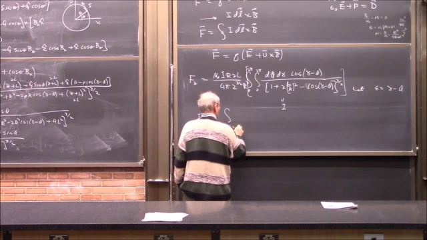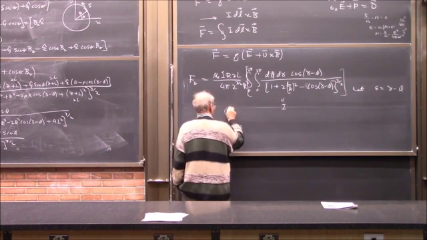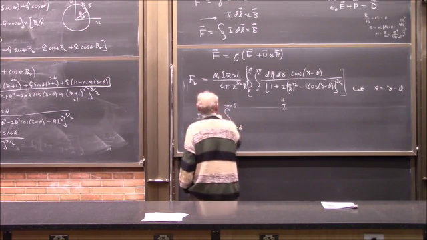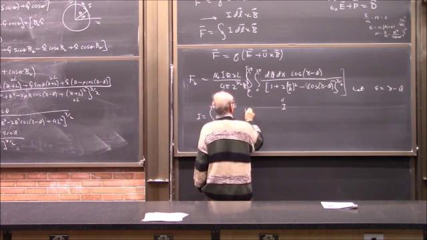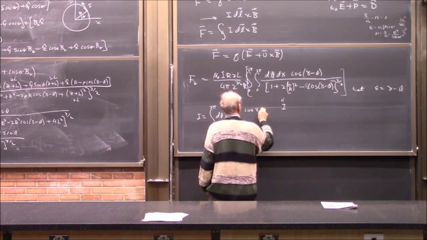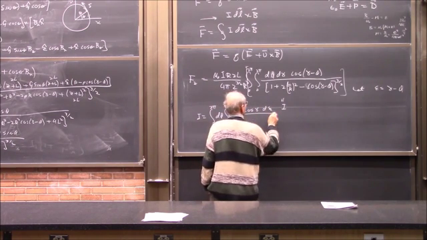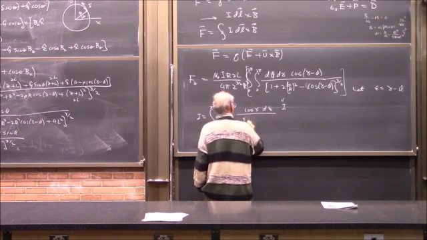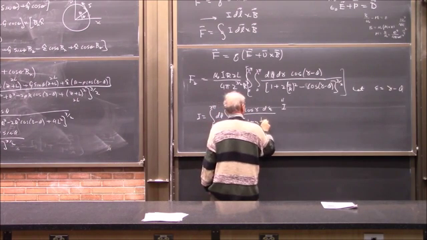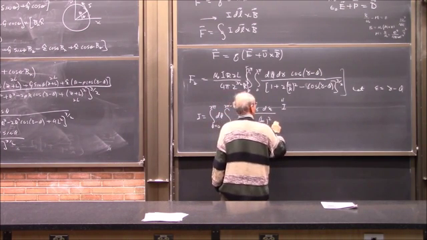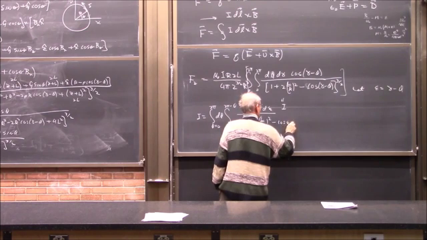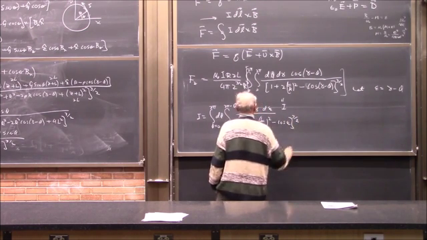Squiggle goes from minus phi to 2 pi minus phi. And here we have d phi. Cos squiggle, d squiggle over 1 plus 2L over r squared minus cos squiggle to the 3 halves.